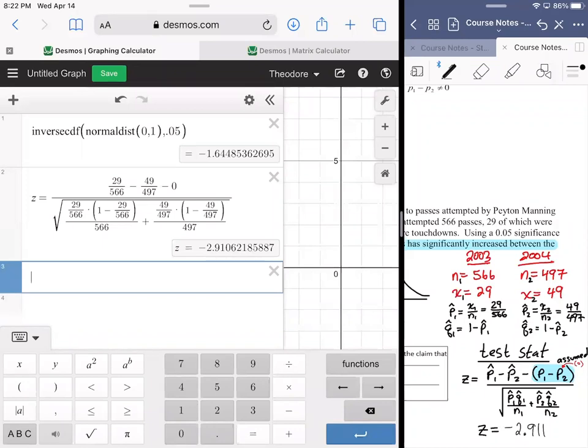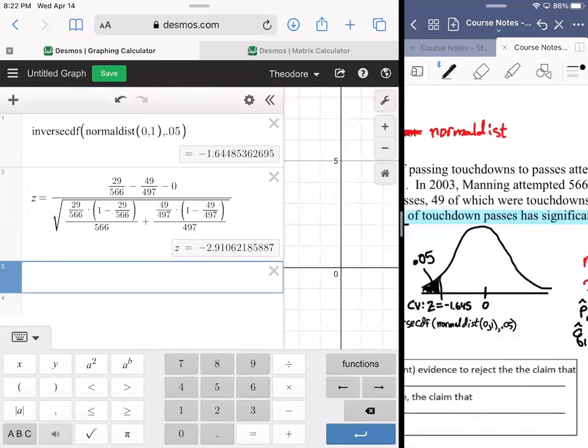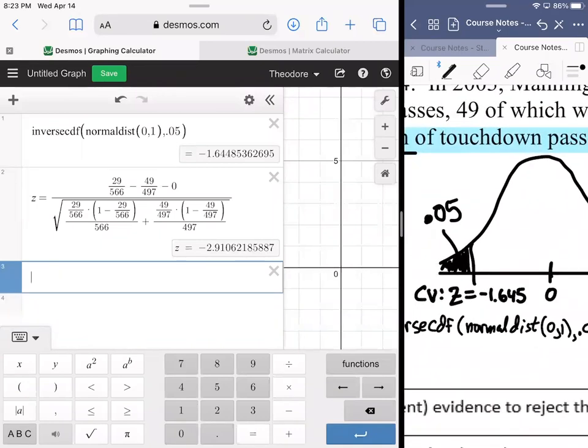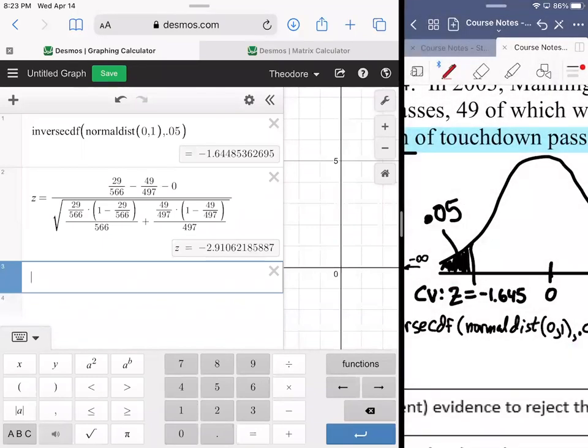All right. And just like the last hypothesis test, it's a question of where this falls in relation to your critical value. All right. So I would look at my graph, negative 2.911. I don't know where that is, but if I know negative infinity is going this way, it's going to have to be somewhere to the left of the critical value.